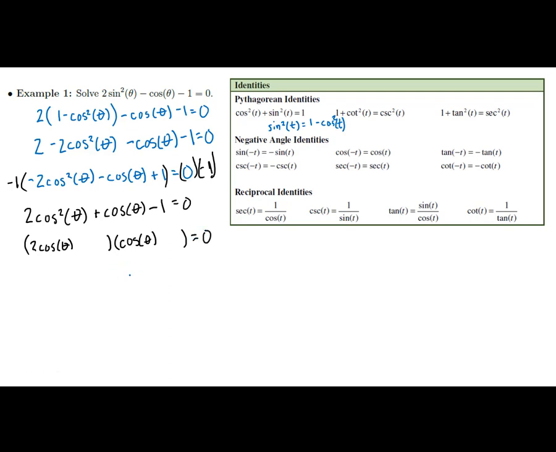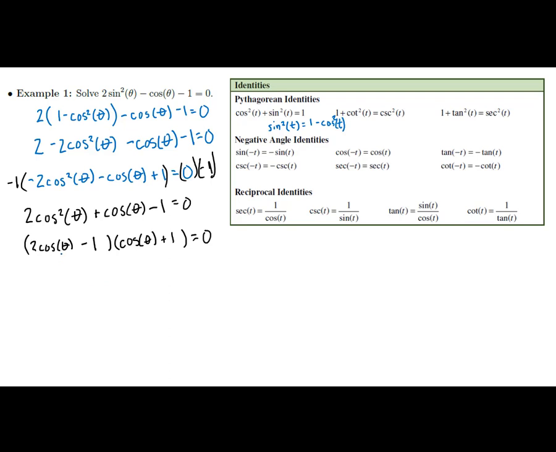Since there's a negative 1 here, one of them has to be plus 1 and one of them minus 1. So let's try putting plus 1 here and minus 1 there. If I check the outside and inside, 2 cosine theta minus cosine theta gives me 1 cosine theta. So that does give me my middle term, and it looks like this works.